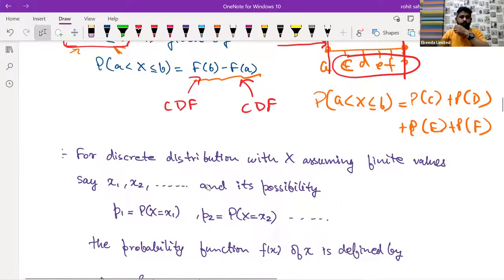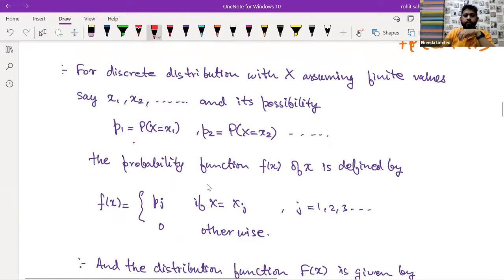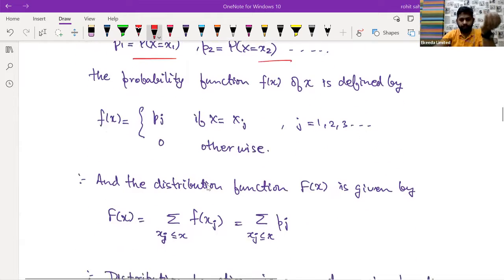Now next, discrete distribution, it's already discussed. We have already discussed this part. And then probability density, this is also clear. If I say P of J, that means for X equal to J. This is just numbering, like first term, second term, third term.